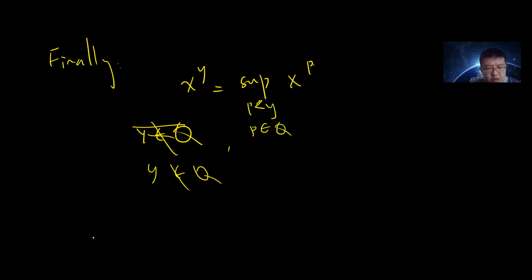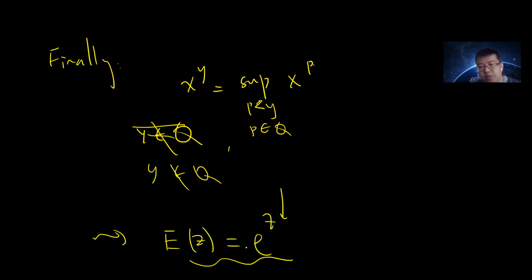You can use this and see that this e of z is actually the exponential function that you are really familiar with. So basically, this is just a property that you can recover from your analysis, from your common sense.